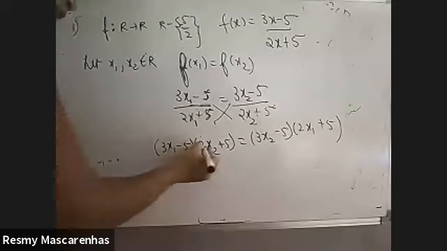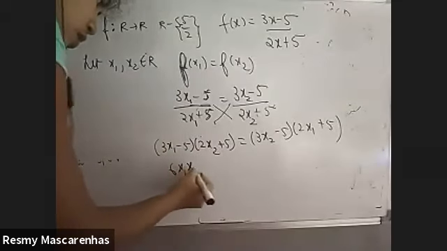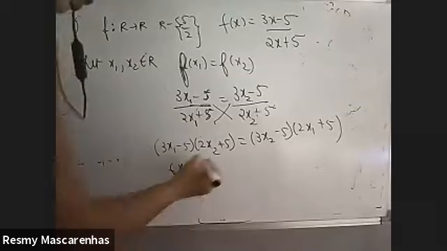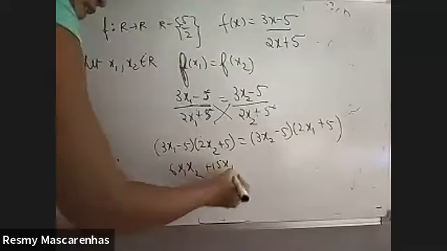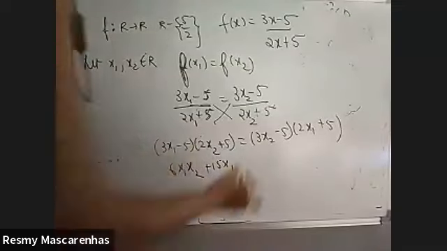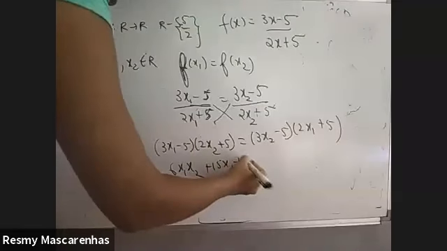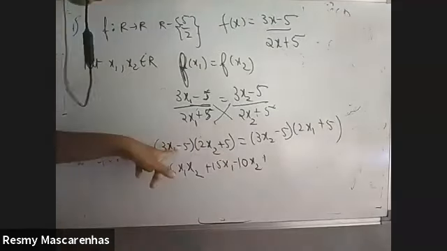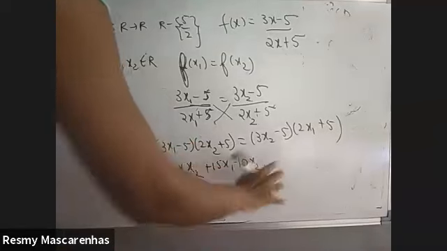So this will be 6x1x2, then 3x1, 15x1, then minus 5 into 2, minus 10x2, minus 5 into 5, so that will be minus 25.